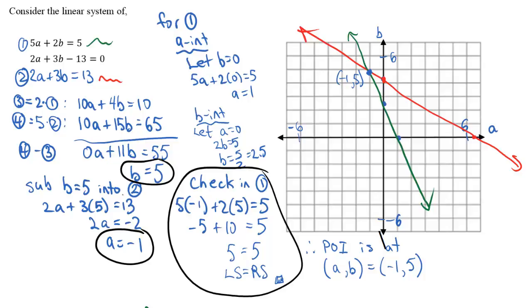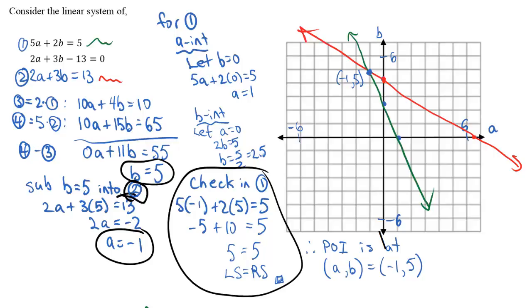I used 2. So when I want to check, it's good form to use the other equation to just make sure when you substitute in your variables that you're going to get left side equals right side. So I chose 1. I put in my a, I put in my b into my equation 1, and here we are. We get left side equal right side. Good. We made no mistakes as far as I can tell.